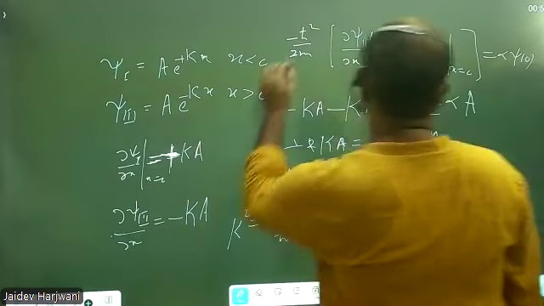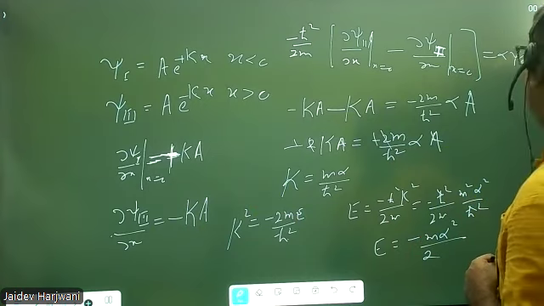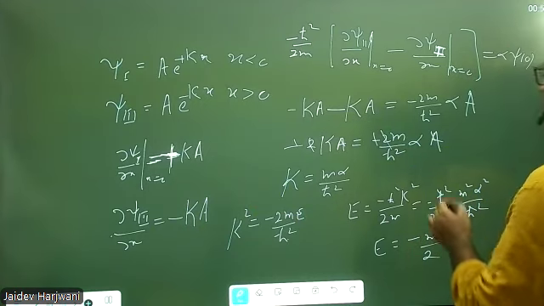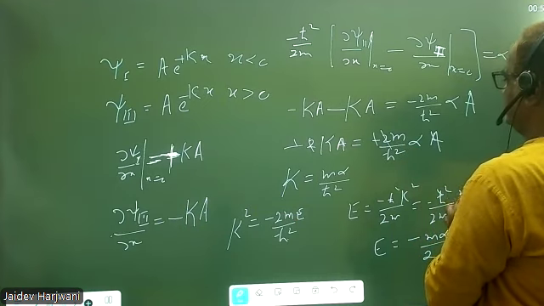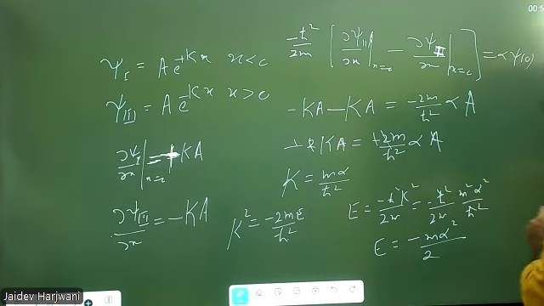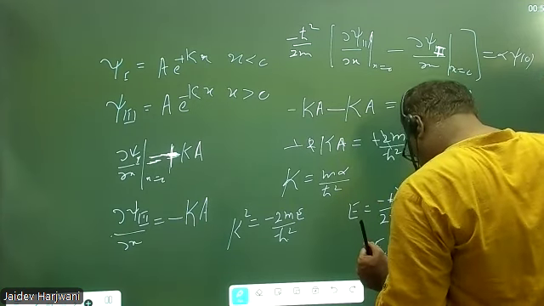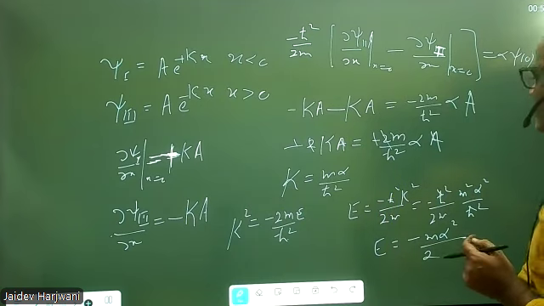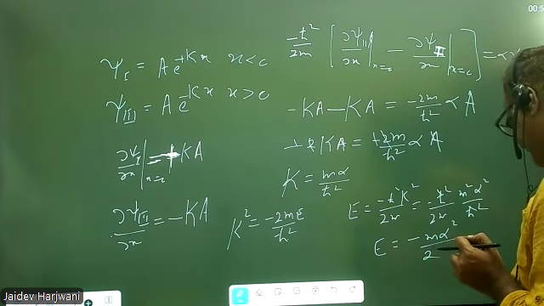So minus 2m upon h cut square here. This is correct. So now m alpha square, so kappa value is m alpha upon h cut square.